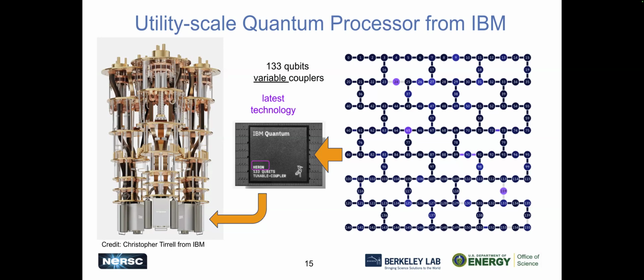And this chip is placed at the bottom of the chandelier you see on the left-hand side, which is called a dilution refrigerator. It's cooled to near 0 Kelvin temperature and operated through pulses that get sent into the fridge by these wires you see on the picture.